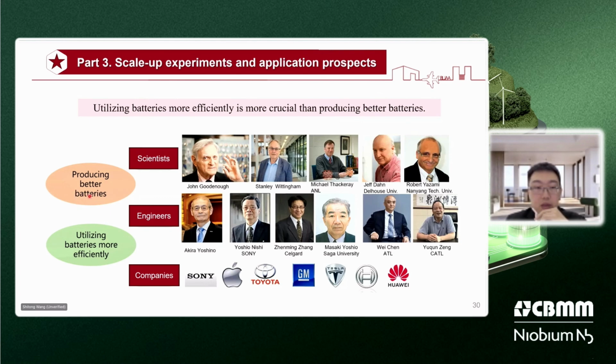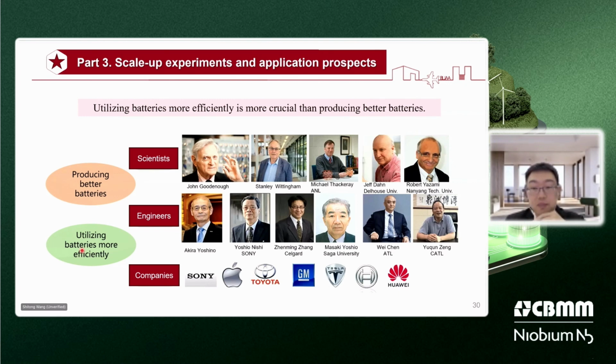One is producing better batteries, from the scientists to the engineering. And the other loop is utilizing batteries more efficiently, which includes the engineers to the companies. And frankly speaking, the most crucial improvements in the battery field in the 21st century are mainly about utilizing batteries more efficiently.